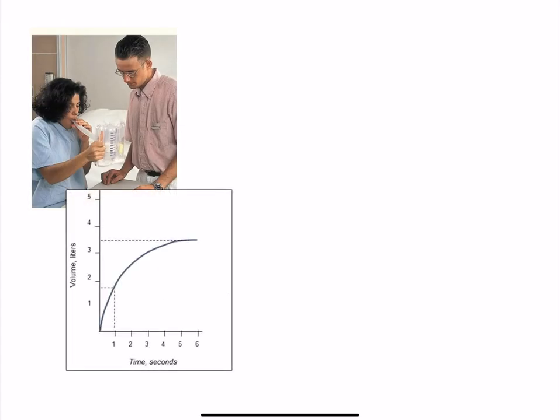And this is a tracing of somebody who's trying their best during an incentive spirometer. And you can see for a few seconds, they can hold it and get the air in. And maybe they do this 5 times.